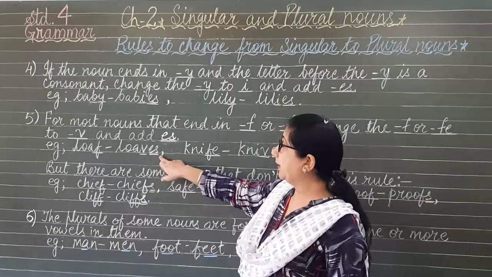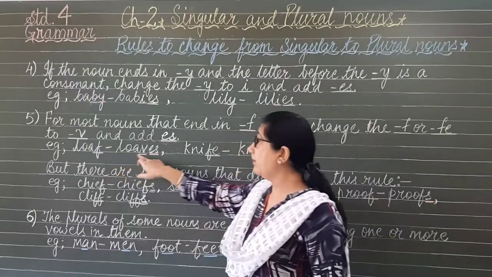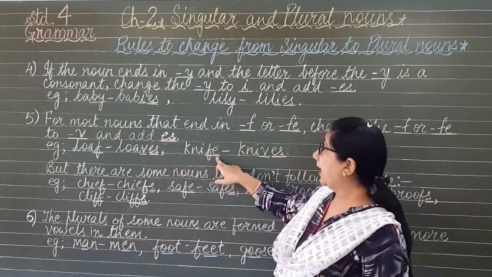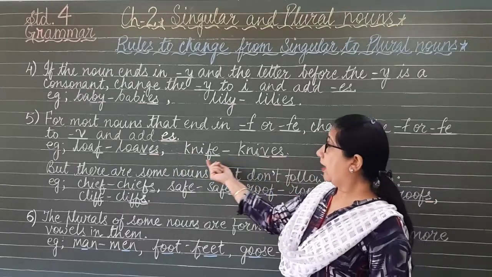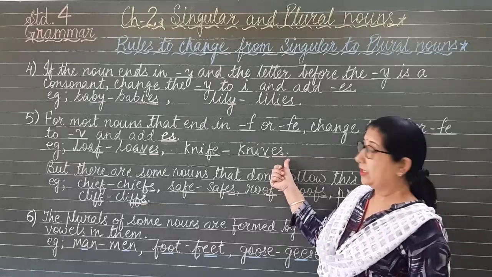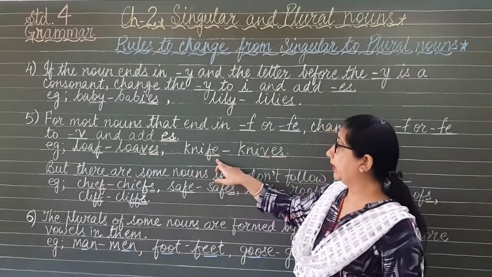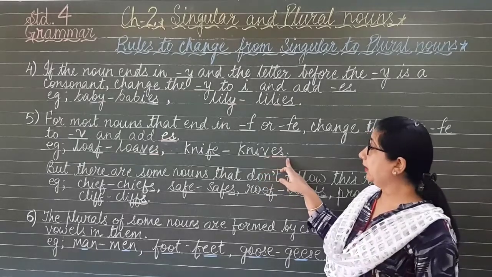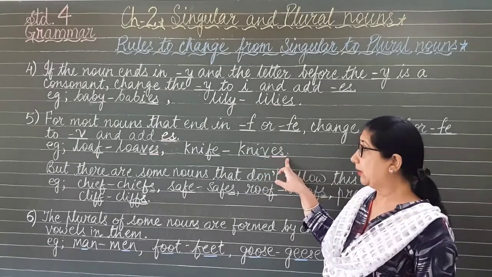V and add ES. So loaf will become loaves when it is converted to plural. Then knife, knives. F की जगह क्या किया हमने? V लगाया and ES. F and FE दोनों लेटर्स की जगह पर हमें एक ही लेटर लगाना है, V, and add ES to make it plural.